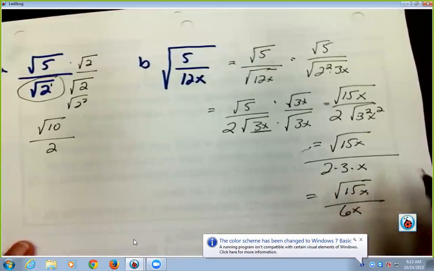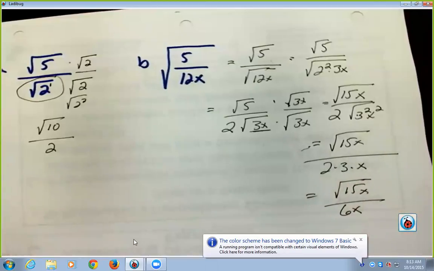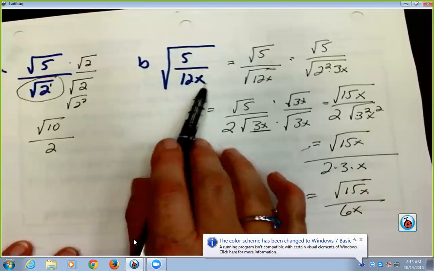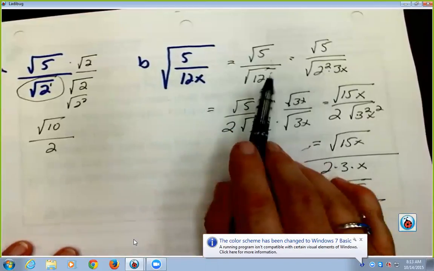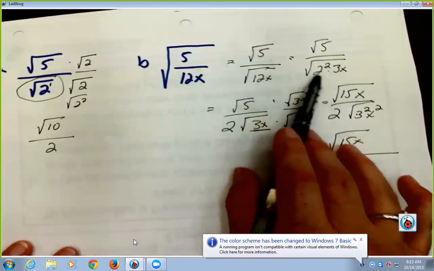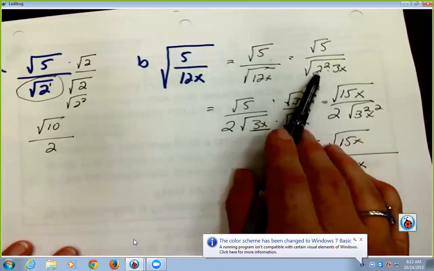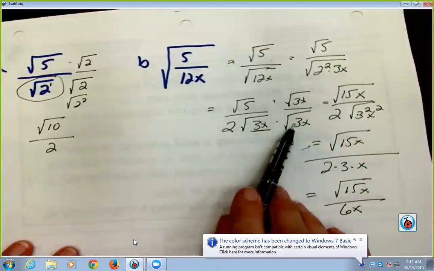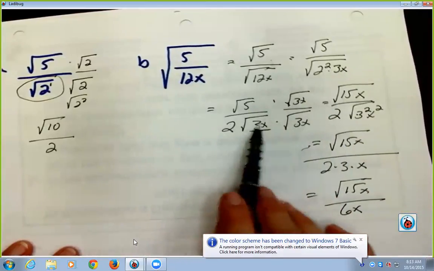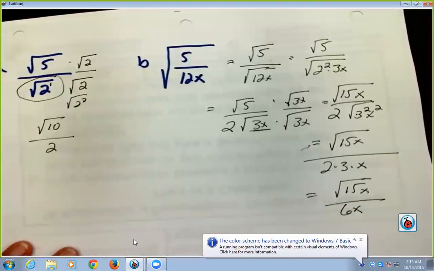I cannot cancel my x's because one is under the radical and one is not. So they do not cancel. All right? So a recap with this one is then I took this piece, broke it apart, found out what 12x was made of, found I had a square in there which I can pull out, leaving me a 3x, taking that 3x and duplicating it, and that's what I come up with.